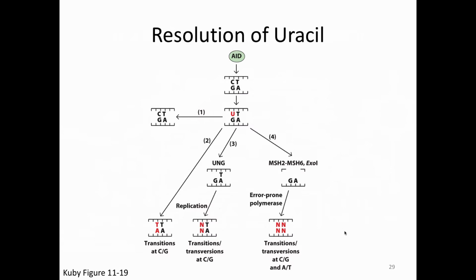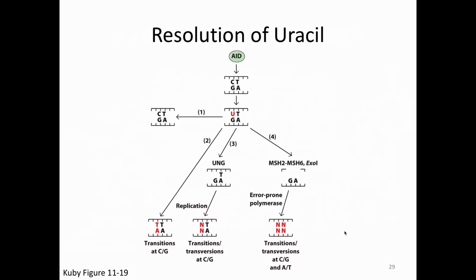Sometimes with AID, we can get our uracil put into the DNA, and sometimes we can replicate across that with nothing happening. When that occurs, we'll get two daughter strands of the DNA, or two daughter DNA helices. One of them will have the GA which it had at the beginning, and it'll have the GA at the end, so it'll go back to being right.